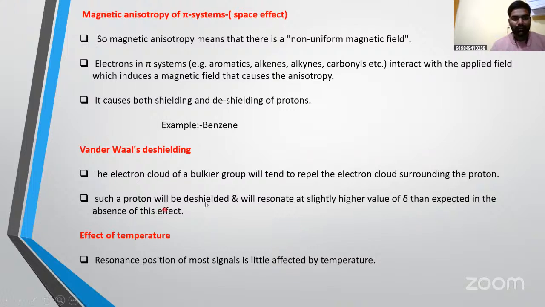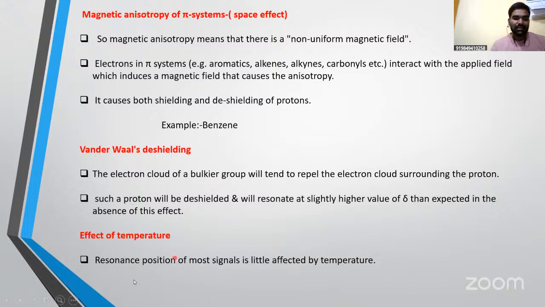Such a proton will be de-shielded and will resonate at slightly higher values of delta than expected in the absence of this effect. That is the van der Waals de-shielding.